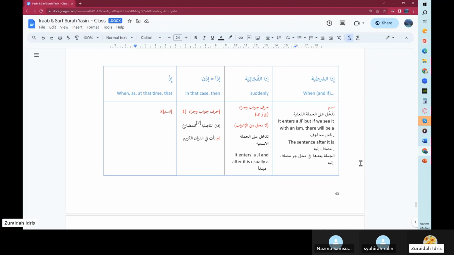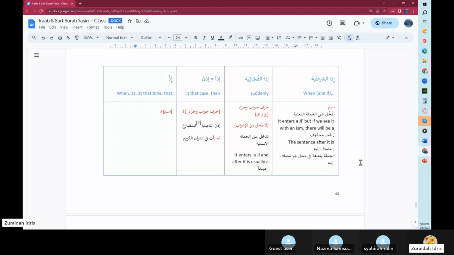Okay. So like we went through last week, we said that we had 4 types of words. We say words first, because some of them are isims, some of them are harfs.